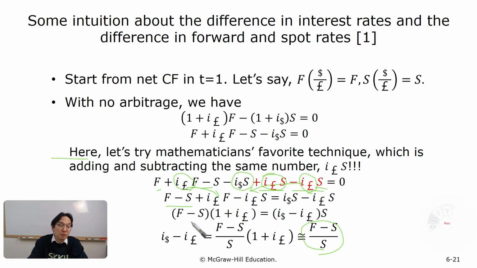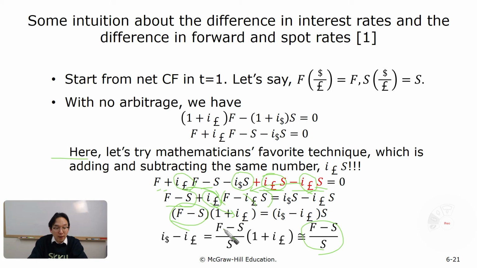The other side of the equation, what do you have? Gather together like terms, which is over here, the pound interest rate. And then you have F minus S. That's this guy. And then you have F minus S as well, right? So 2 times, gather together like terms.